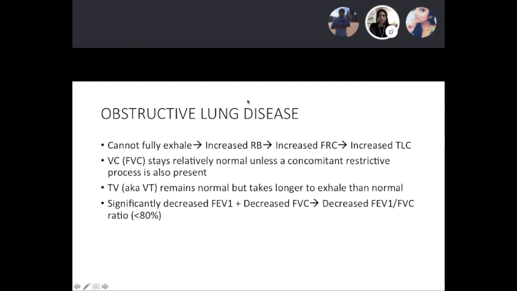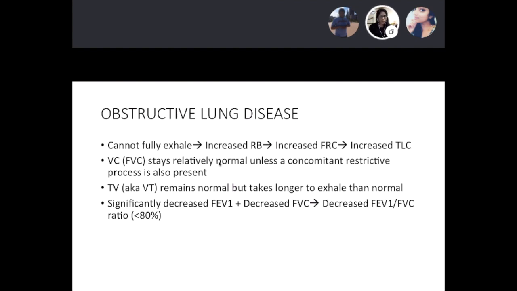In an obstructive lung disease patient, this stays pretty much normal, unless there's a concomitant restrictive process also present, meaning you have an obstructive lung disease with a restrictive lung disease process taking place. So overall, in obstructive lung diseases, the vital capacity stays normal.